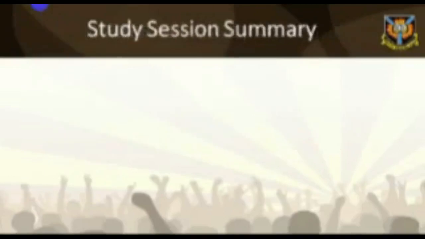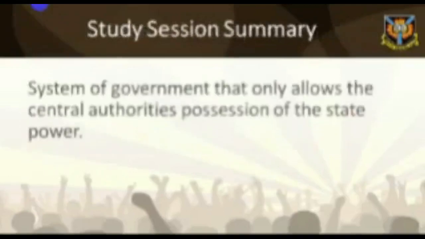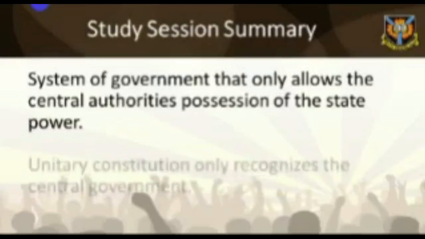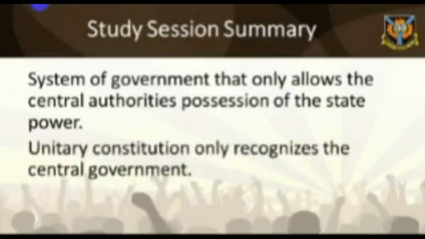Study session summary. In this study session, we noted that the unitary system of government only allows for the central authorities in the possession of the state power. The unitary constitution only recognizes the central government. Therefore, power is concentrated at the center.